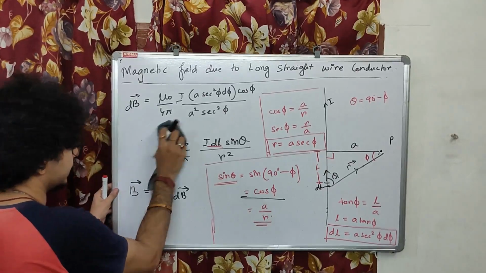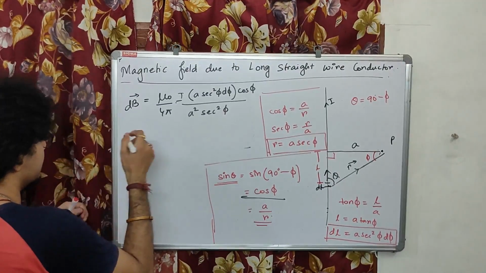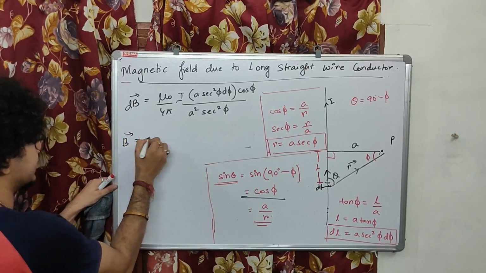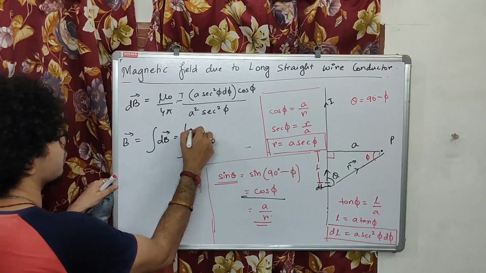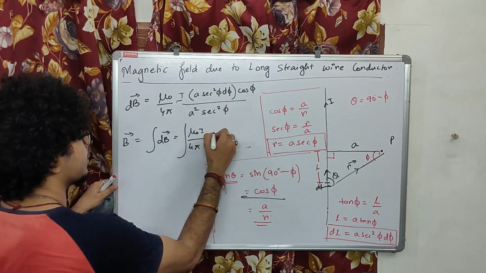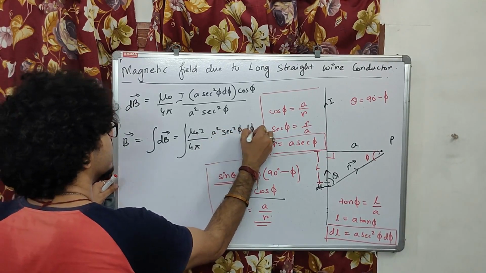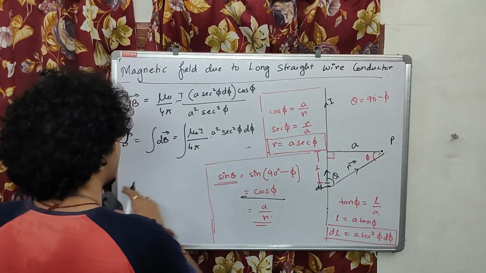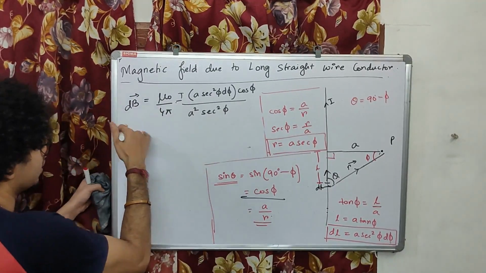Now you have to integrate. So now B will be equal to the integration of dB, that is integration of mu naught I by 4 pi, a square sec square phi d phi. I don't have space over here, so let me write over here. Now this has become dB.